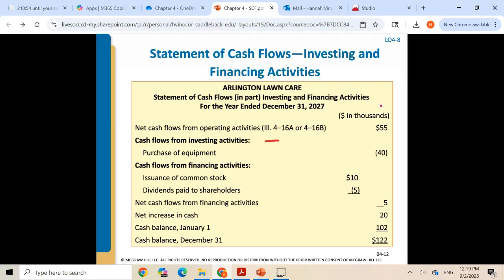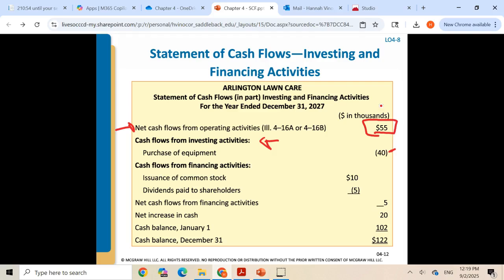So we are going to start with cash flow from investing activities, and we have a purchase of equipment. So that's an outflow. This is just a continuation of our operating section. If you look at net cash outflow from operating activities of $55, which we calculated both under the direct and indirect.